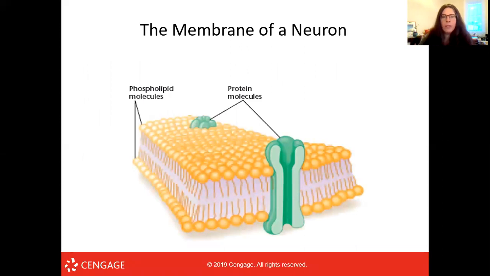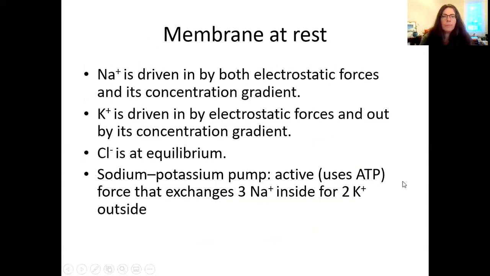Here is a figure showing a protein molecule or an ion gate or channel. Okay, so again, chloride stays at an equilibrium.